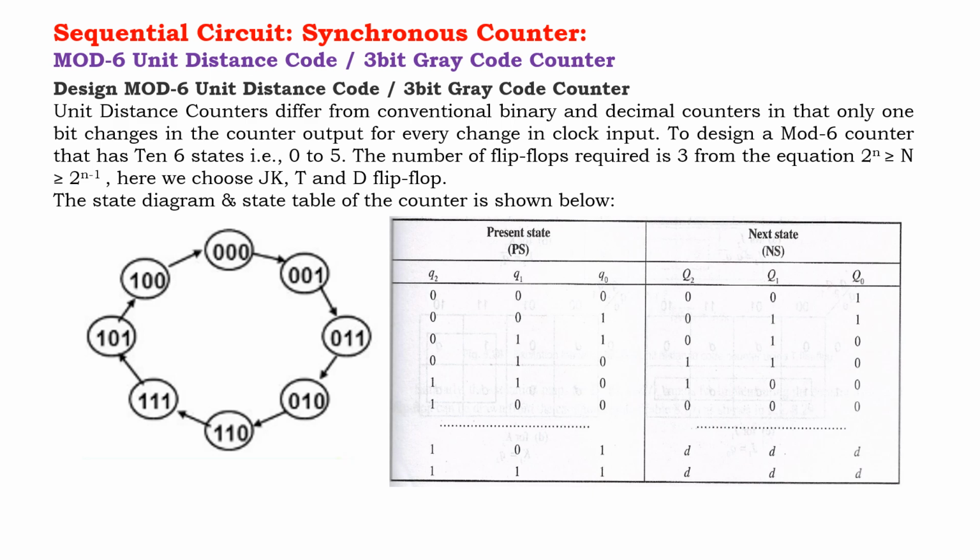Mod 6 means, before going to mod 6, the meaning of unit distance code. That means the unit distance counters differ from the conventional binary or decimal counters. In that case, only one bit changes in the counter output for every change in the clock input.